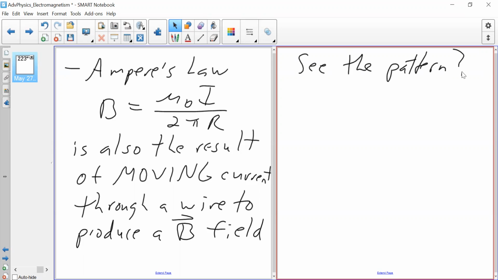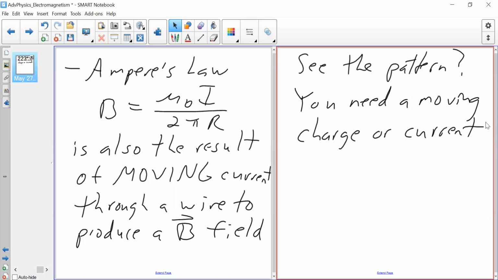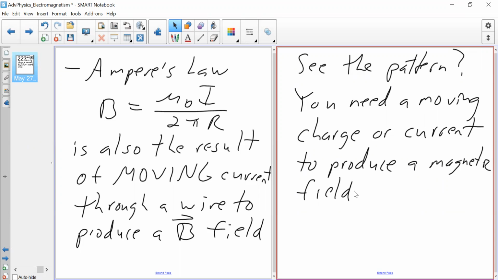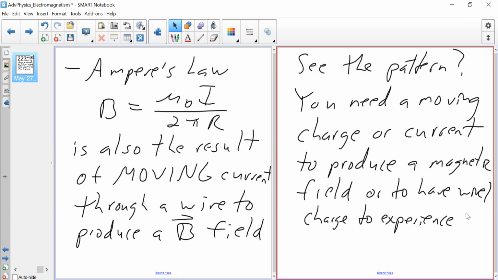So see the pattern. You need a moving charge or current to produce a magnetic field around that wire, or to have the wire or charge to experience a force.